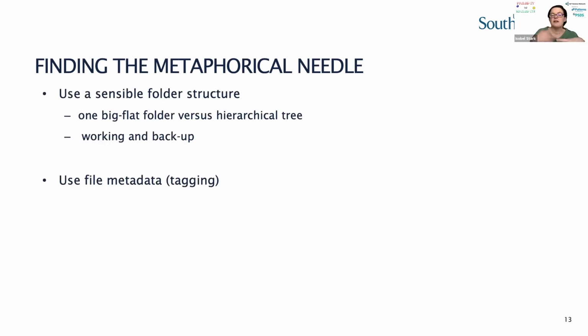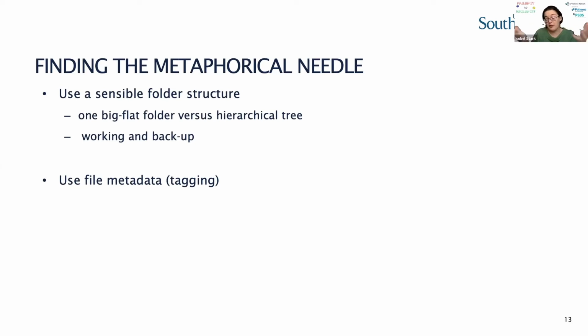So again, folder structure, there is no one true folder structure. Sometimes a big flat folder will be better for the type of data you're bringing in and working with. Other times you might want a more hierarchical tree. You may want to have your working folder and then backup folders, which aren't backups like the storage backups we're talking about, but just earlier versions that you can easily roll back to.